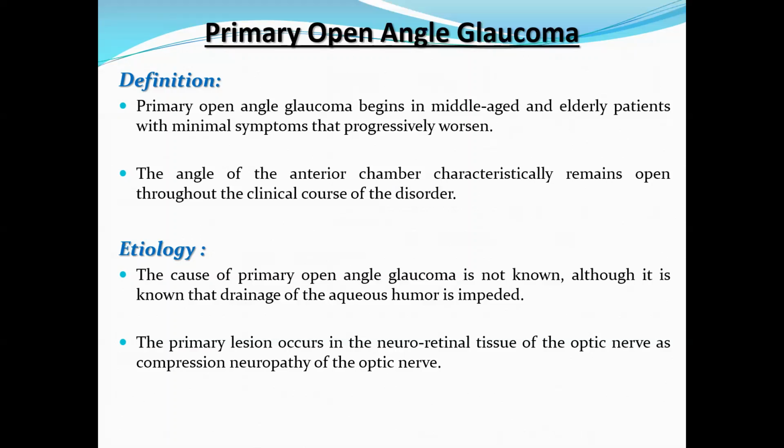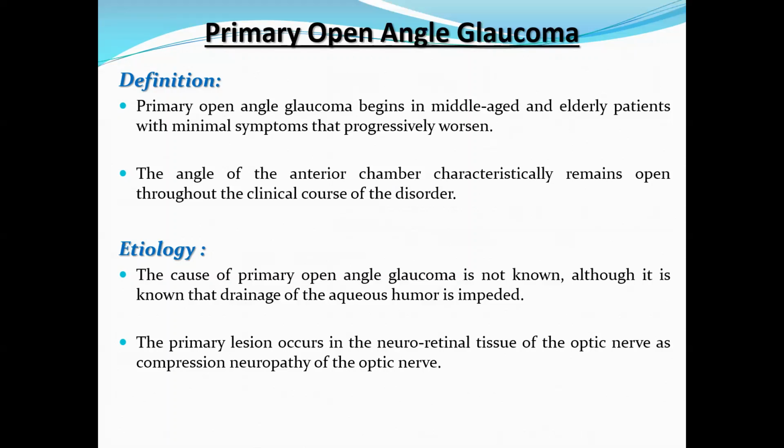Etiology: the cause of primary open-angle glaucoma is not known, although it is known that drainage of the aqueous humor is impeded. The primary lesion occurs in the neuroretinal tissue of the optic nerve as compression neuropathy of the optic nerve.